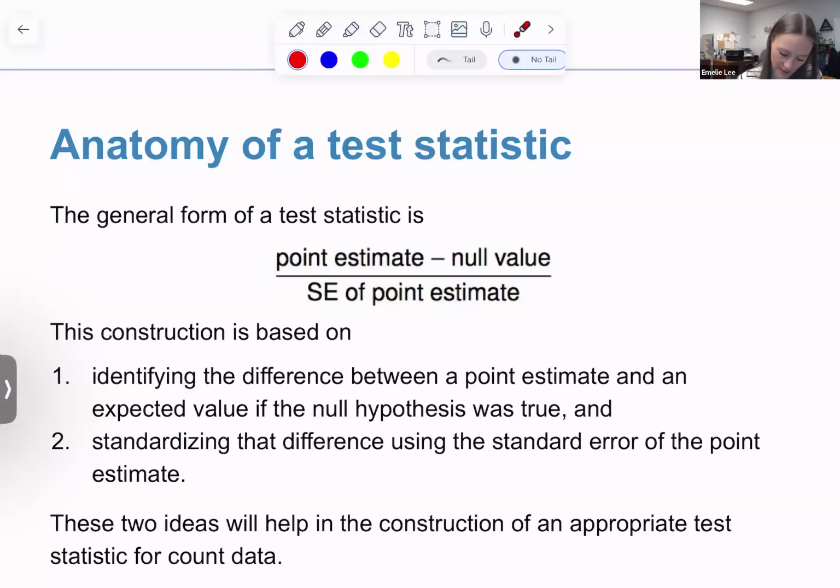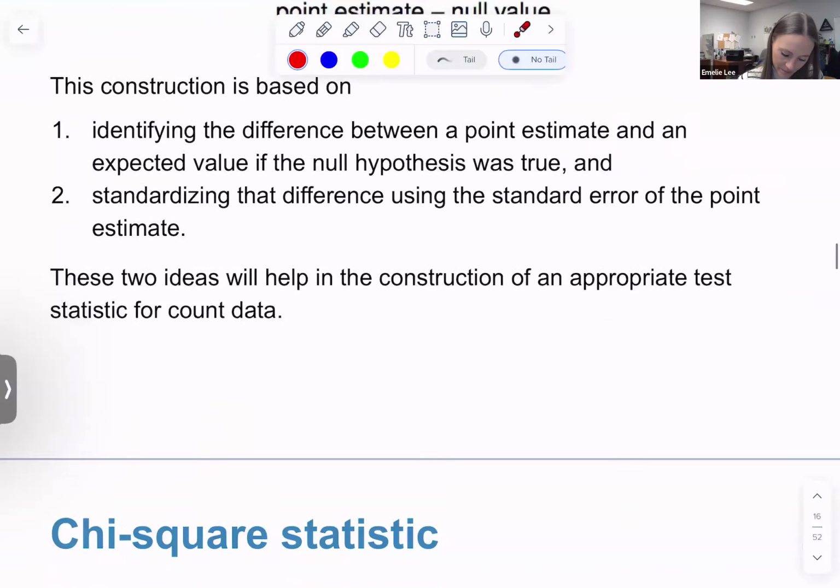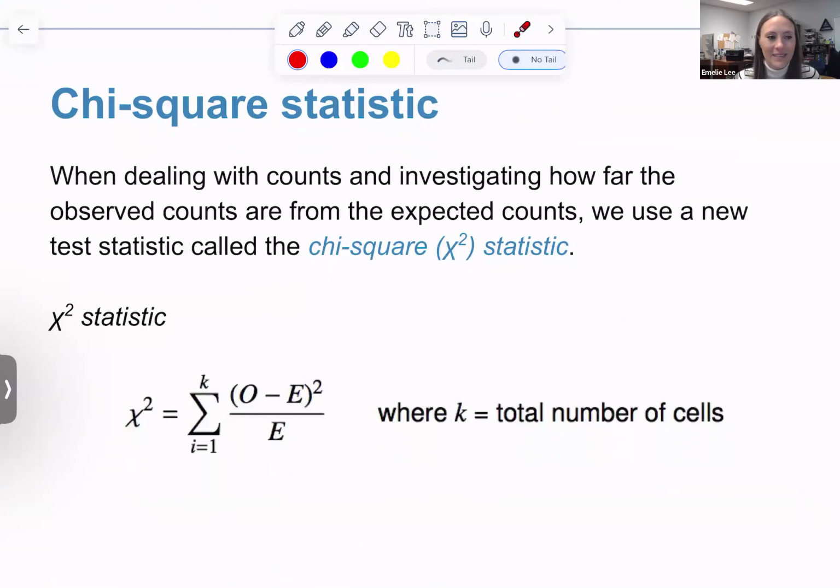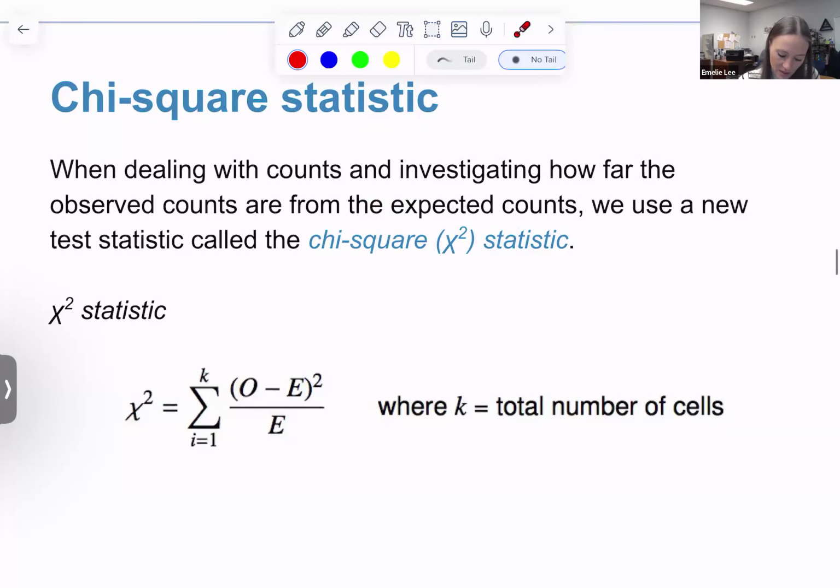And so the chi-squared statistic is going to be very similar-ish. When dealing with counts and investigating how far the observed counts are from the expected counts, we use the chi-squared test statistic. Now the chi-squared test statistic looks like this.